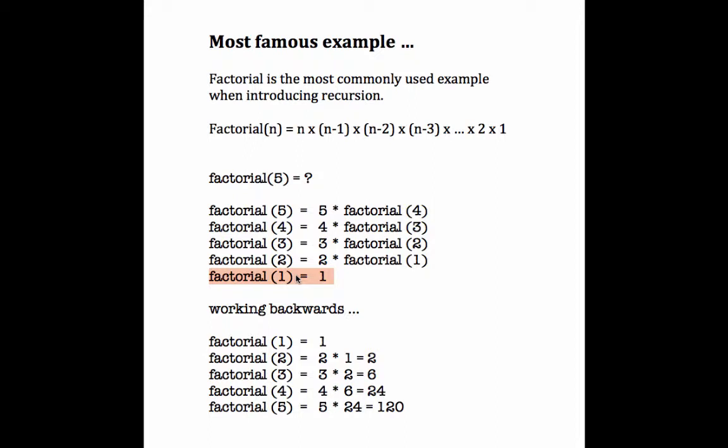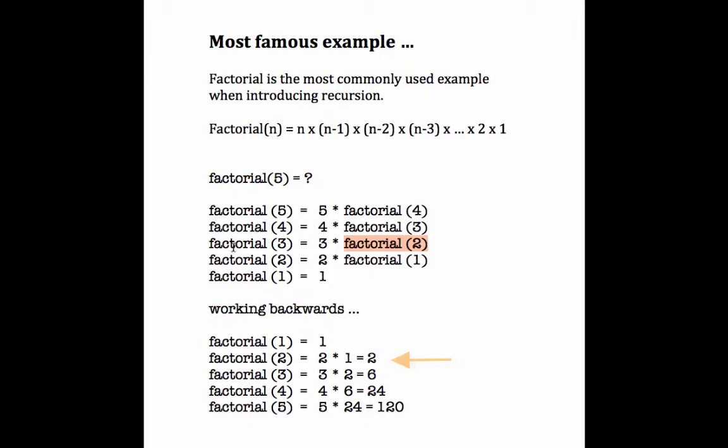When I get to that, I can see everything that we just wrote and work myself backwards, saying, I know what the answer to factorial of 1 is. It's 1. Now I know the answer to this problem, so the factorial of 2 is 2 times 1, which is 2.